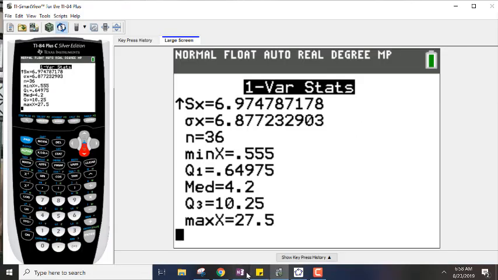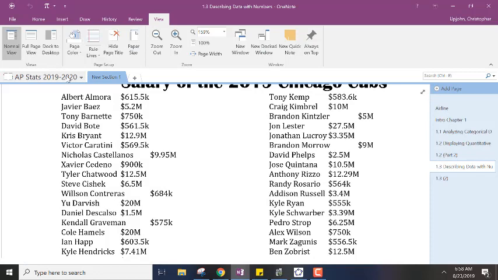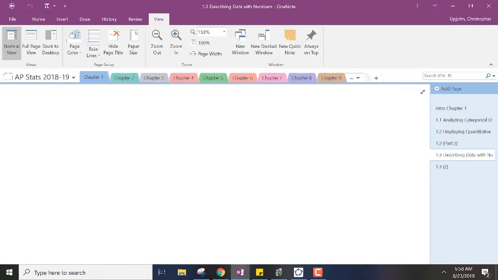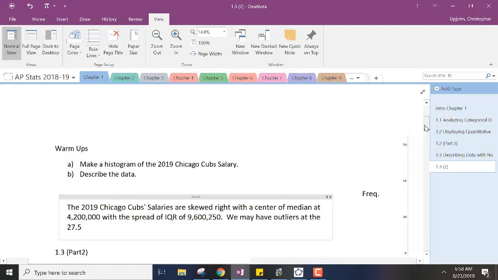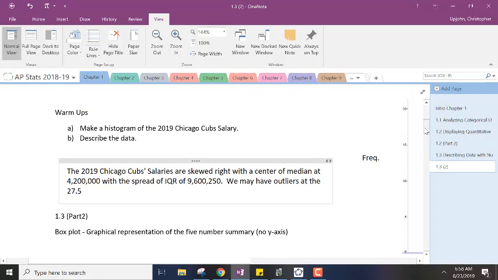But when you're talking about outliers, if the number appears 3 times like the 20 million, it's probably not an outlier. We have an outlier at 27.5. Change that back into millions. Again, suppose we can put our dollar sign with it.